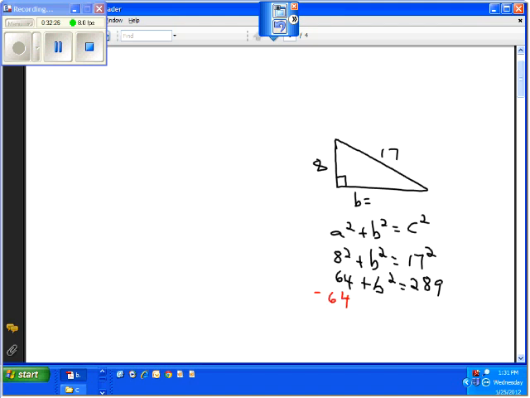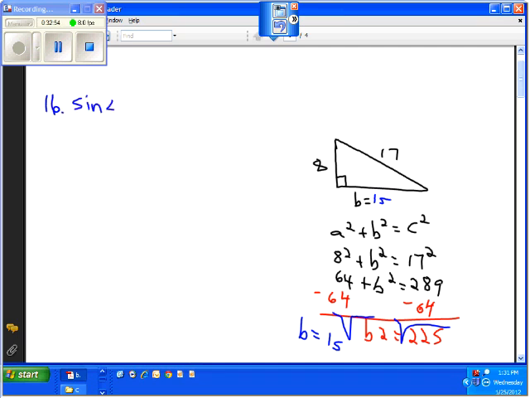Now we're going to start to undo. We're going to undo addition by subtraction. We're going to have b squared is equal to 225. And then we're going to get rid of the square with the square root, and we get b equal 15. So now we have all three sides, and so we'll be able to write all of those ratios.